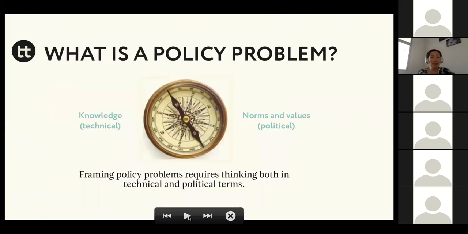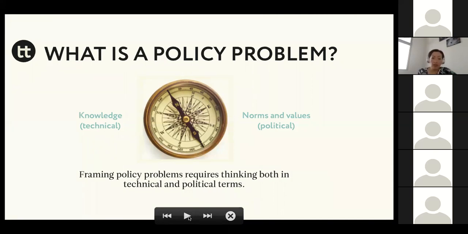What is important to keep in mind is that when we're talking about a policy problem, we always want to keep both a knowledge or technical perspective and a political, or norms and value, perspective. Many times, think tanks are stronger in identifying the knowledge or the technical difficulty of a policy problem.